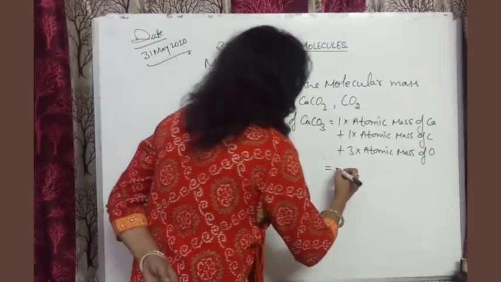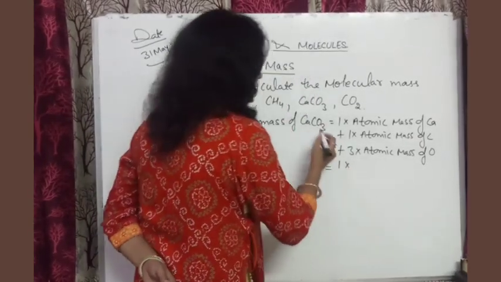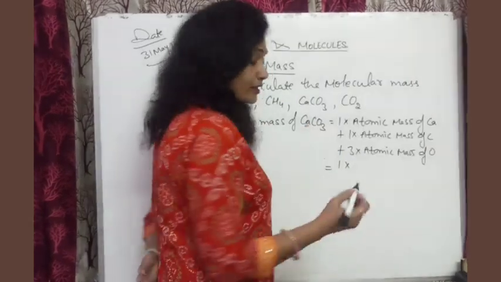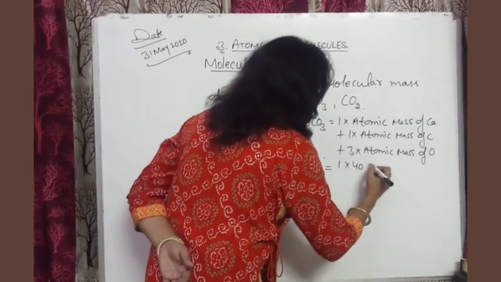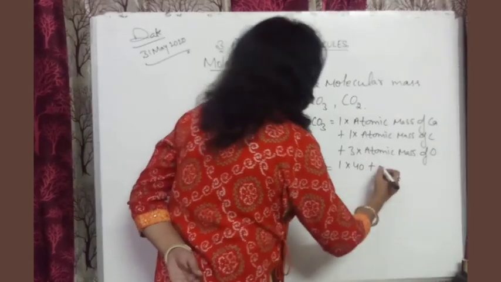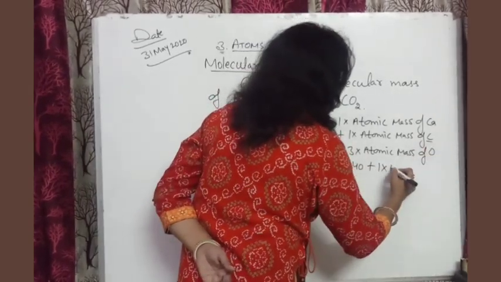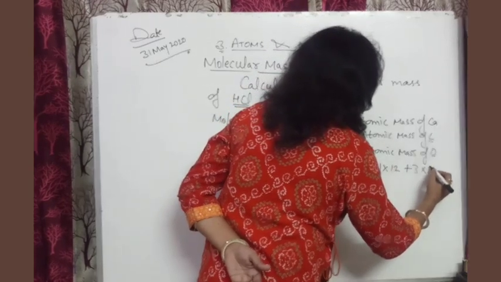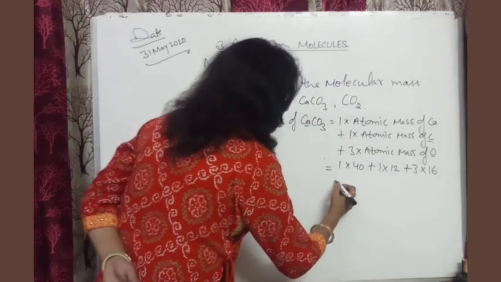The atomic mass of calcium is 40, so 40 plus 1 into carbon 12, then 3 into the atomic mass of oxygen 16.